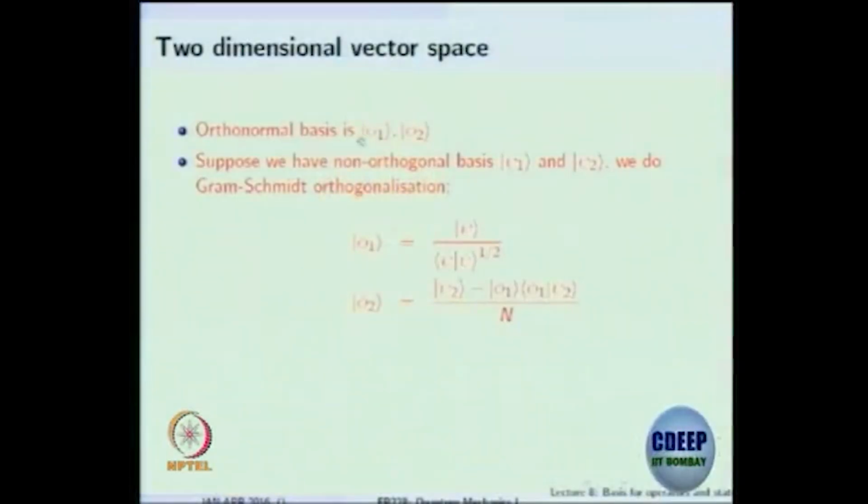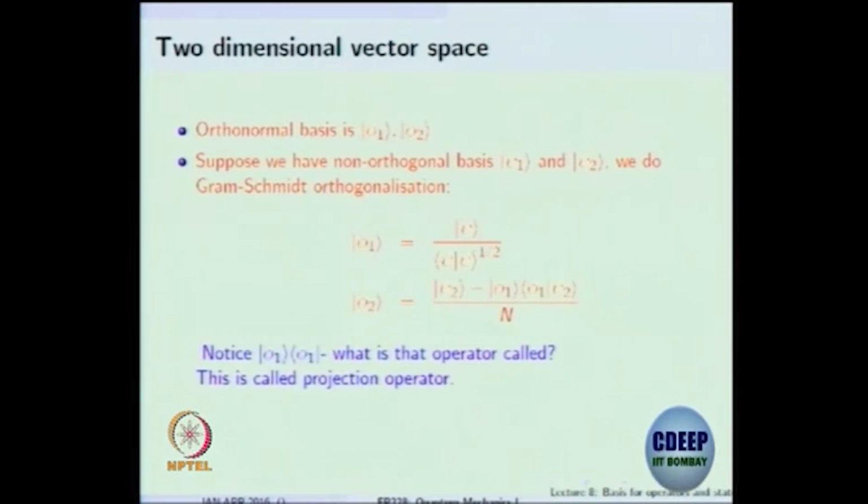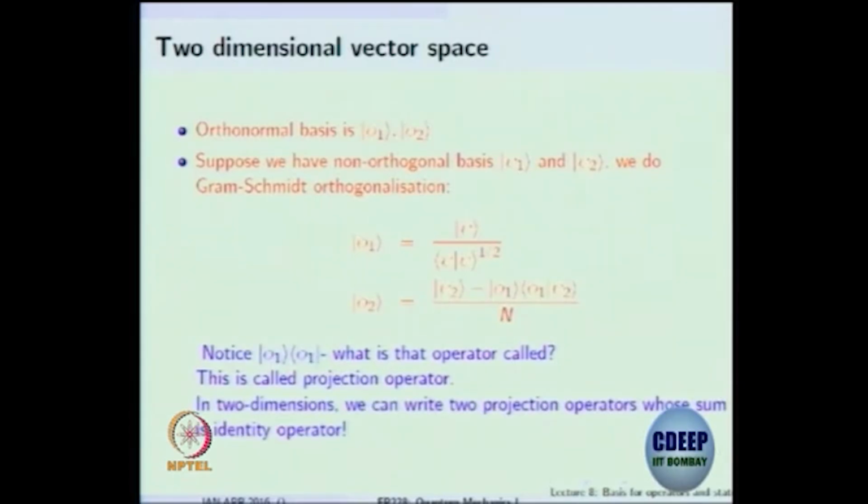So this is what I went through just now, that you have phi 1 phi 2 which is an orthonormal basis and psi 1 psi 2 which is non-orthogonal, and you can do a Gram-Schmidt orthogonalization, and in the process you see that this outer product with phi 1 is nothing but a projection operator projecting onto a subspace phi 1, and you subtract that out, and then what you get is the state which can be the orthogonal basis to the phi 1.